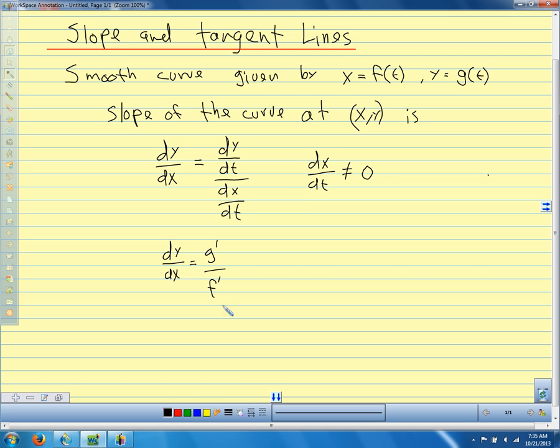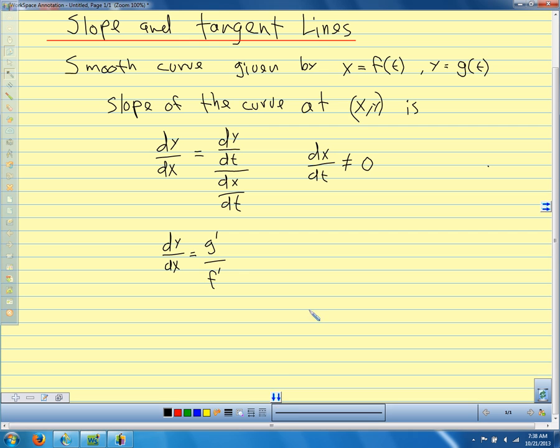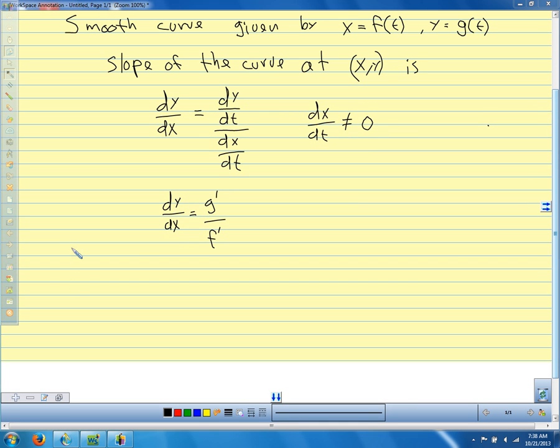Now, an interesting thing happens when we start taking higher derivatives. So we're going to repeat this procedure.